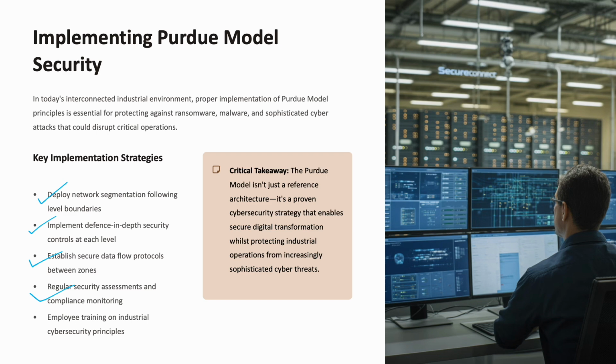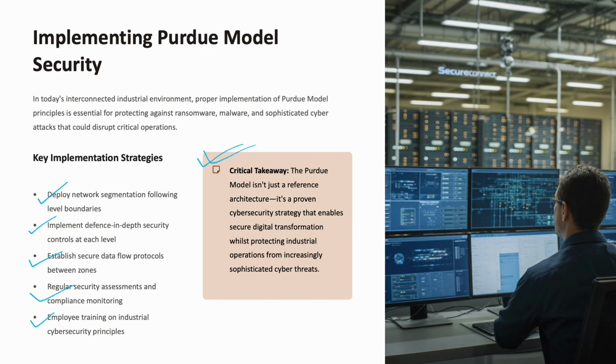Invest in employee training on industrial cybersecurity principles because this is very necessary to avoid any risk which comes through human intervention. And it is also very important so that they can understand the importance of following the new protocols. So, here is the critical takeaway: the Purdue model is more than just a theoretical architecture, it's a practical, proven cybersecurity strategy.